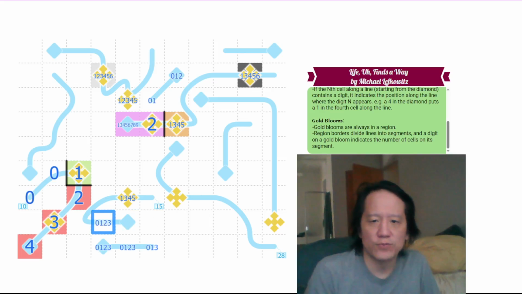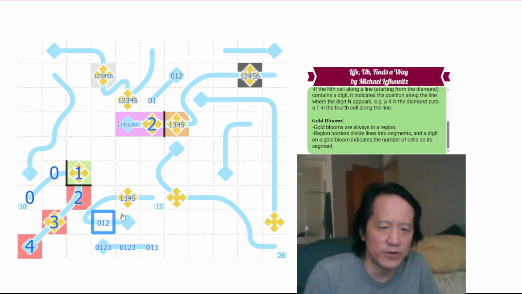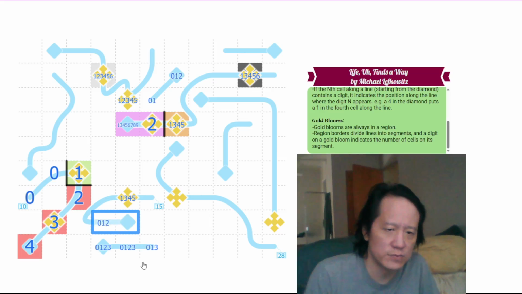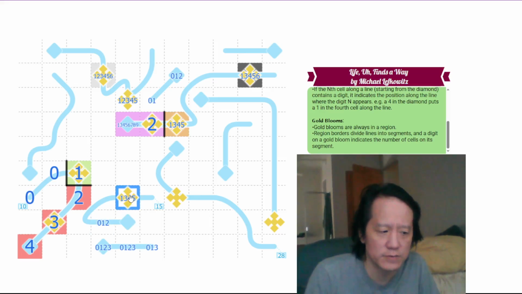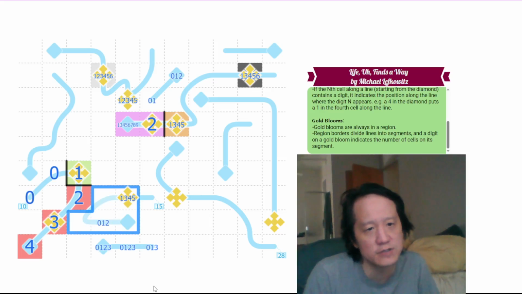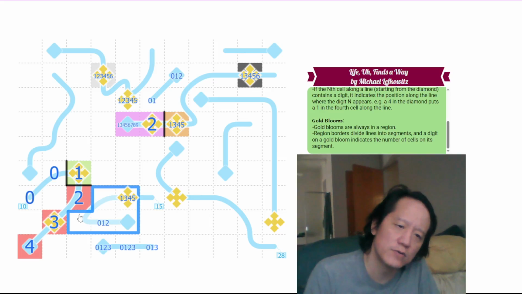This can't be 3. So 2, if there is a 2, is one of these two. Can this actually be 5 on the segment? If it's 5 on the segment, it's guaranteed to be... these are all the same cell. I don't think so.